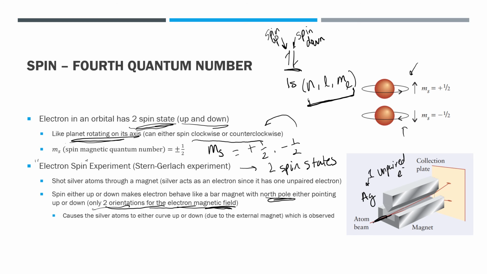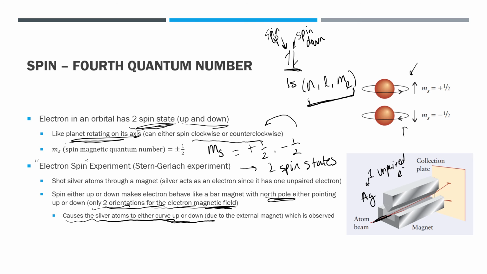So what does this cause the silver atom to do? Because there's an external magnetic field, the magnetic field created by the spinning electron is going to interact with the external magnetic field. So the silver atoms either curve up or down depending on the way the north pole was oriented. If it's spinning clockwise, the north pole is oriented differently from when it's spinning counterclockwise.